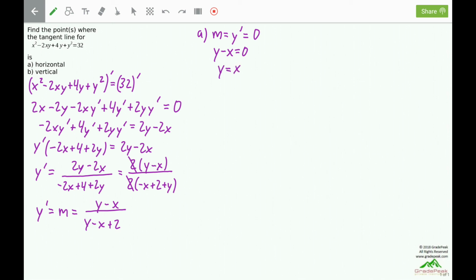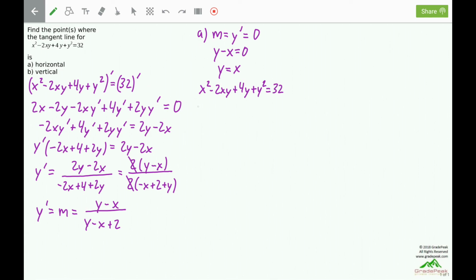To find the point or points, this can be plugged into the original equation over here. x squared minus 2xy plus 4y plus y squared equals 32.